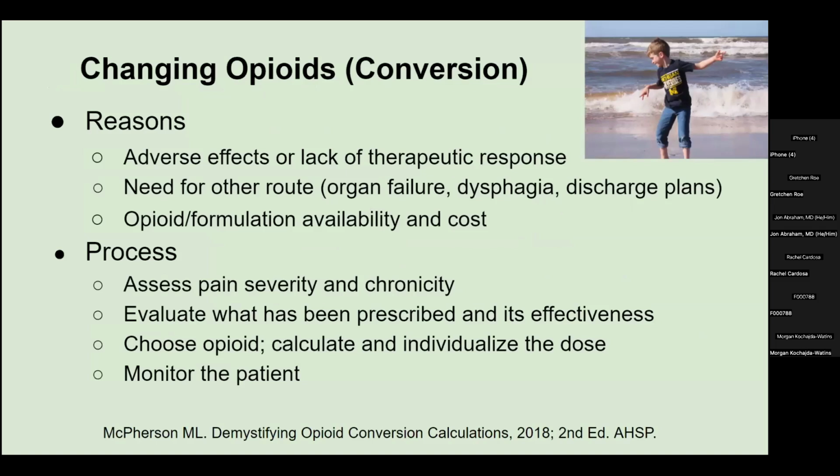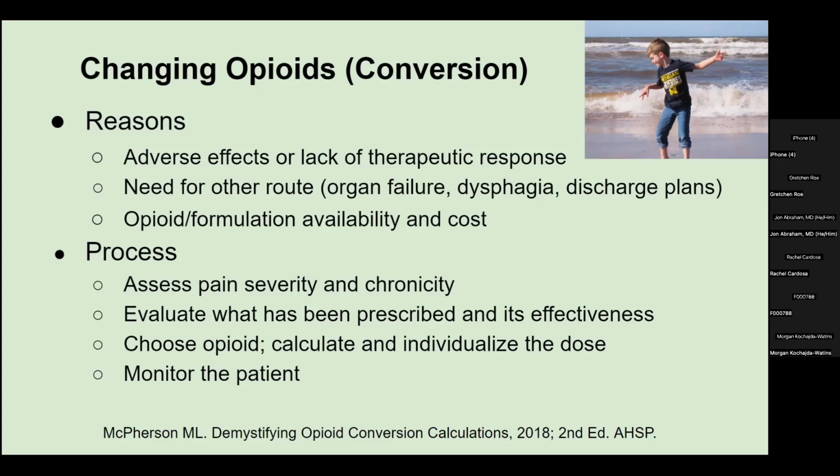All right, now let's change our focus and talk about how you convert from one opioid to another. And there are many reasons to change opioids. First of all, if you're experiencing adverse effects, such as side effects like nausea, itching, or if it's just not working for that patient. There are actually 64 different genetic polymorphisms for opioid metabolism. So people literally can say, well, Dilaudid works and morphine doesn't, or vice versa.